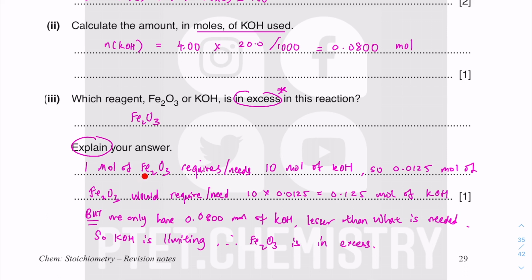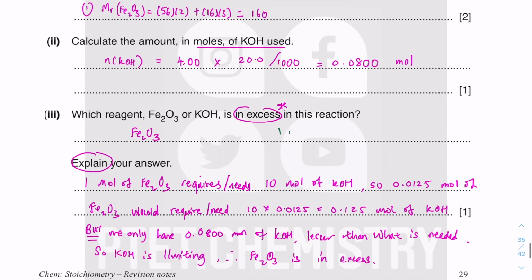Alright, so I've just started with Fe2O3. What I could have done is do it another way and it will still be correct. The same explanation goes to this first line. So I could have said 1 mole of Fe2O3 needs 10 mole of KOH, so I can talk in terms of KOH.